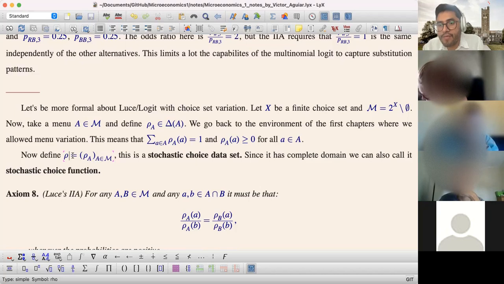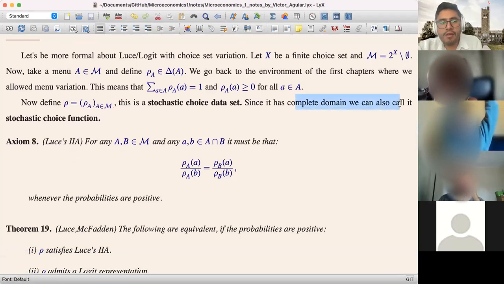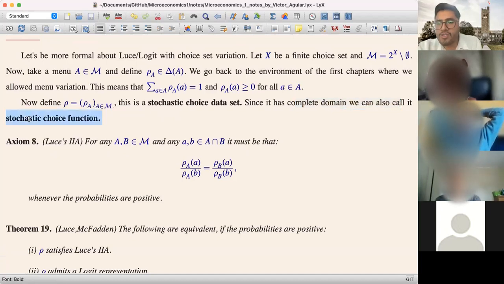Do you agree? Okay, so in the previous example, we had the menu Waterloo and London, right? Of used cars. Now here we can allow much more menus. Okay, so this framework is completely general. So now if I have this, I call it a complete domain if we have all menus, and in that case we can also call this a stochastic choice function, right?